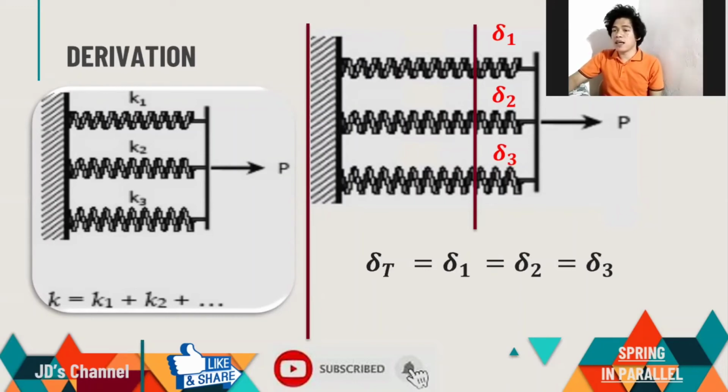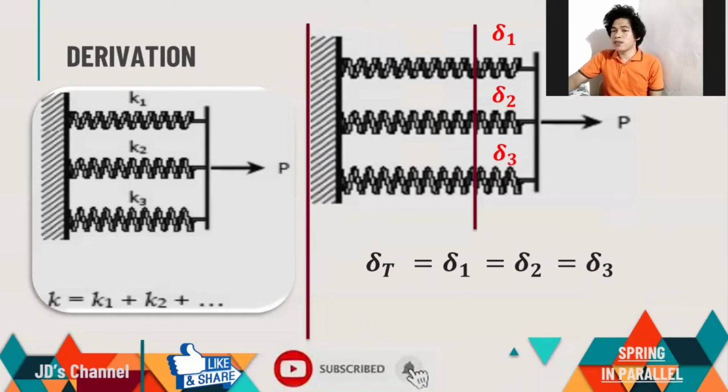Kung sakali class, meron tayong spring pa na 4, na 5, mangyayari class, equal din ang kanilang deformation. Okay? So, since they are in parallel.